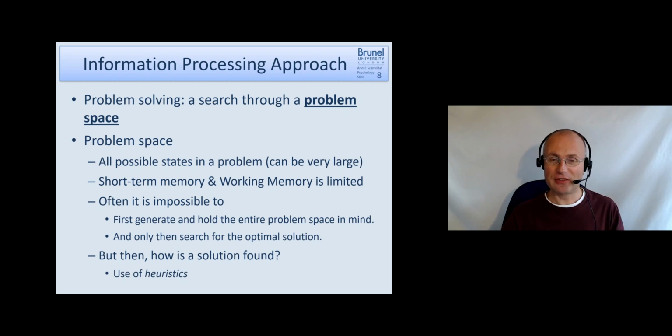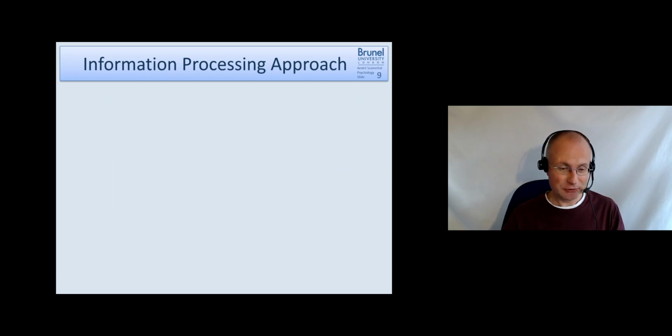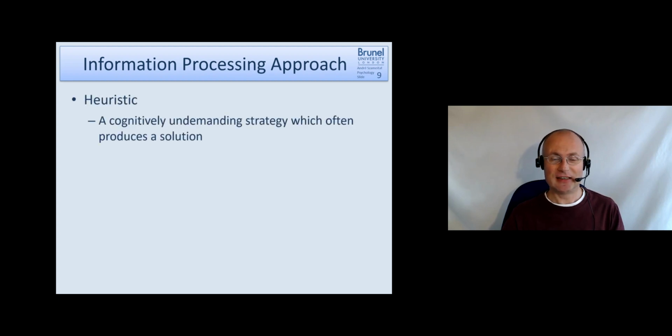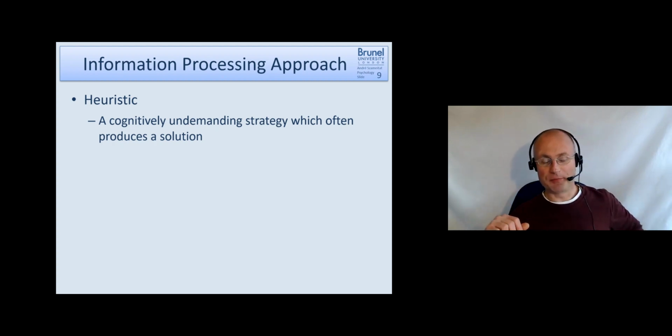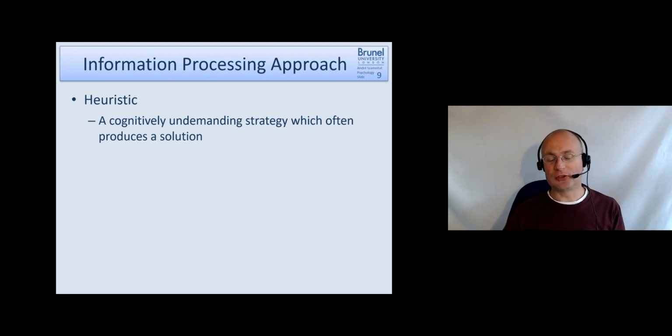The answer is that we use heuristics. And I would like to introduce just one heuristic just to illustrate the principle of what a heuristic is. And the idea is that we use a strategy which is much less demanding than a proper search through the problem space, but which still often produces a solution, a satisfactory solution.